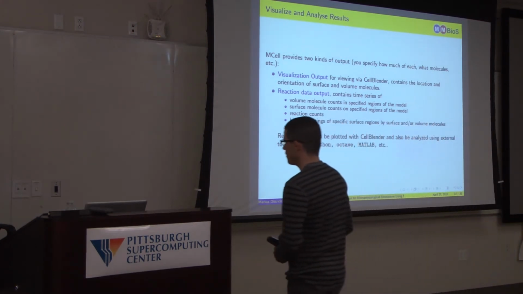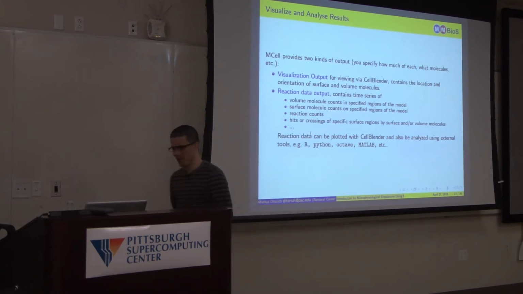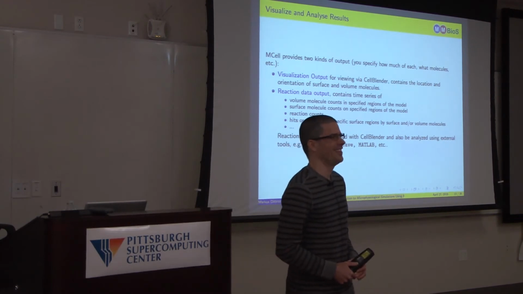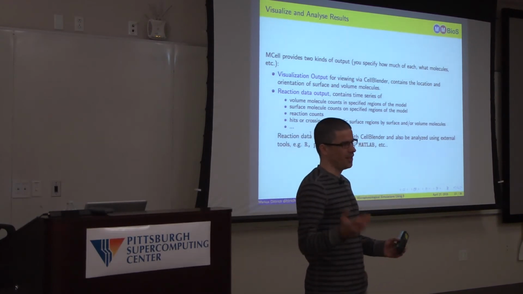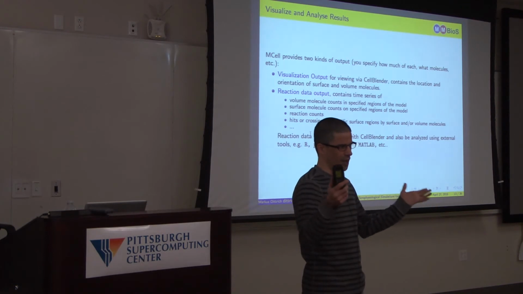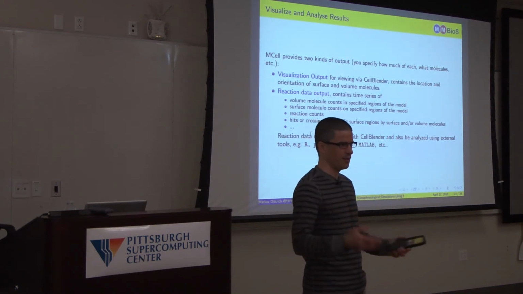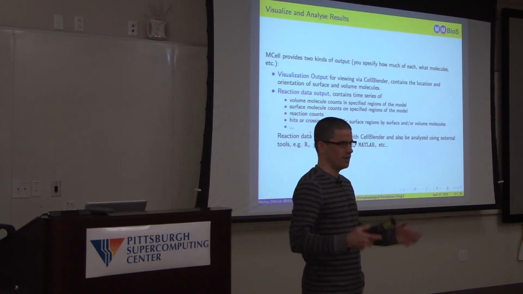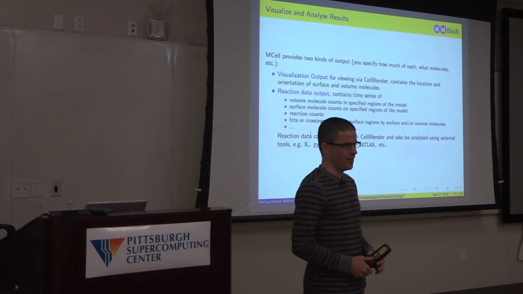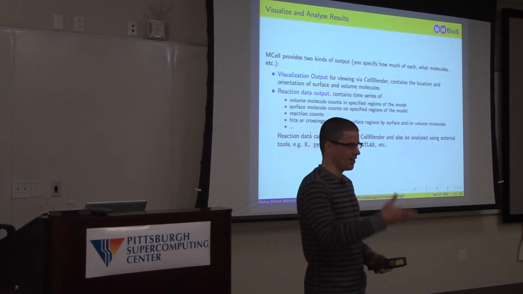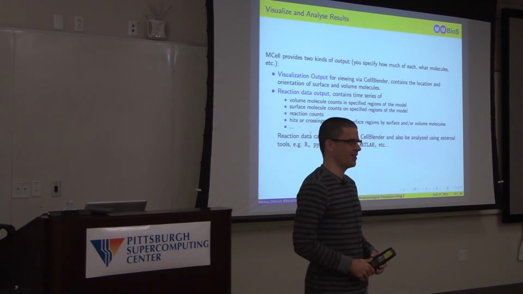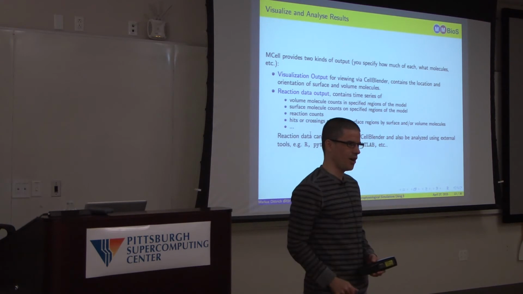It's really difficult to give a good answer because it really depends on the model. If you have a complicated geometry, then the MDL file that represents your geometry will be fairly sizable, because you have many vertices that need to be described, and then the rest depends. If your model has 5 reactions, then your reaction data file will be 5 lines long, plus 2 at the top and 2 at the bottom.